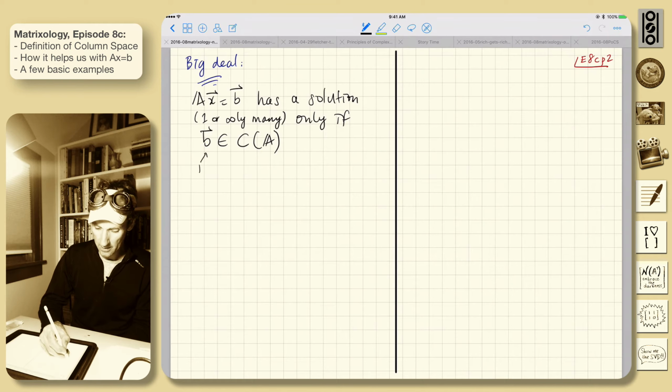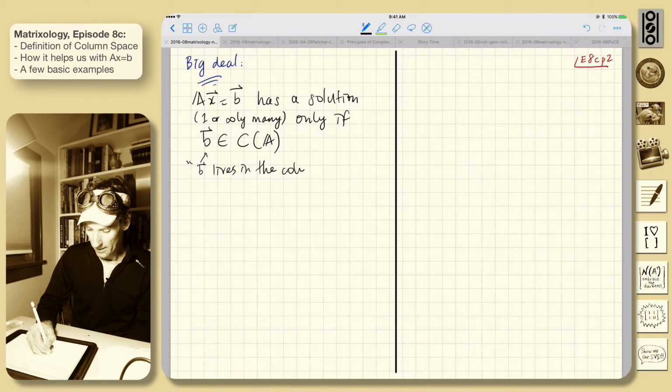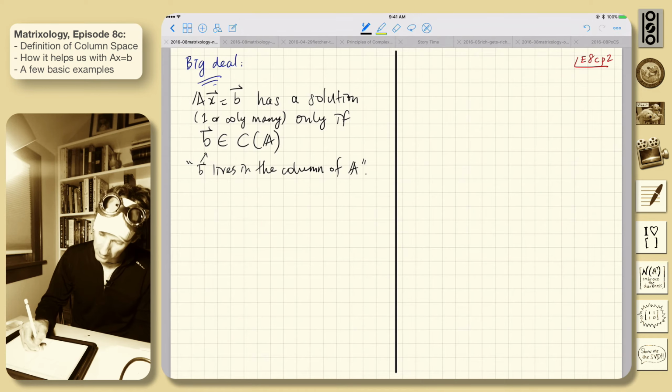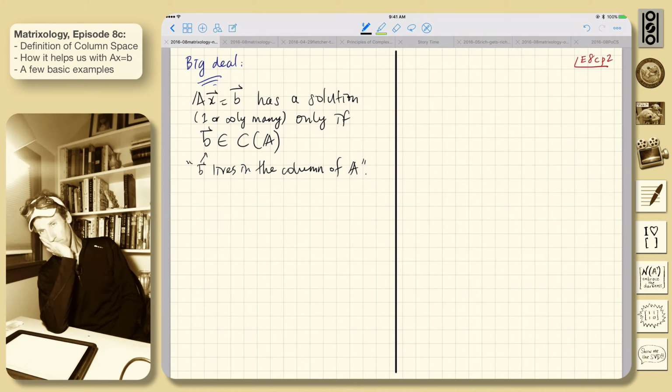This says b lives in the column space of A. Wow, this stuff's the best, isn't it? It has to be true.